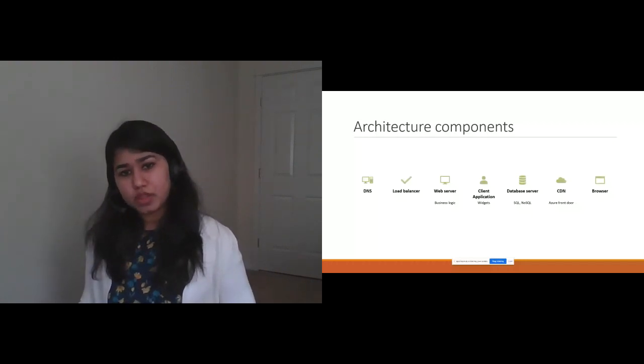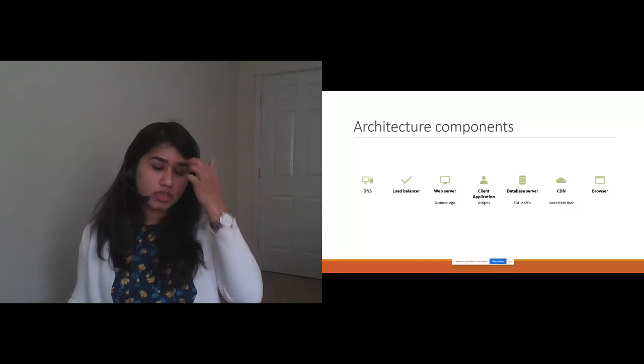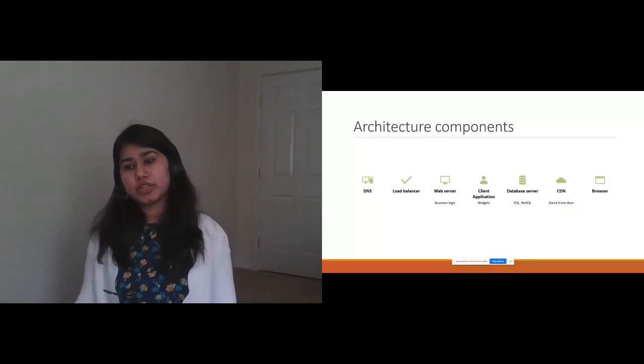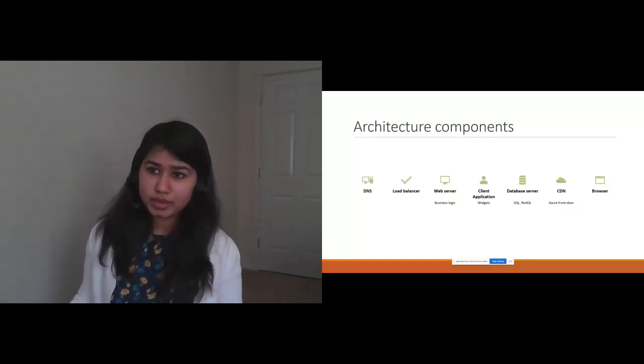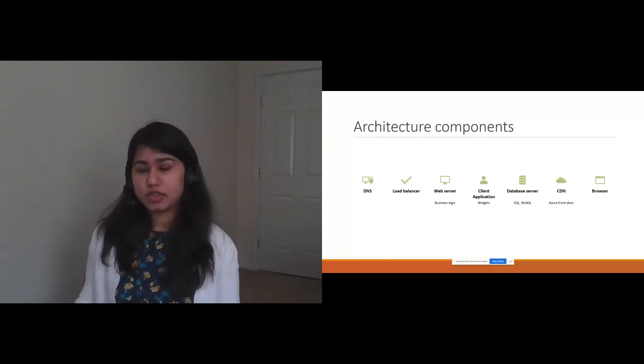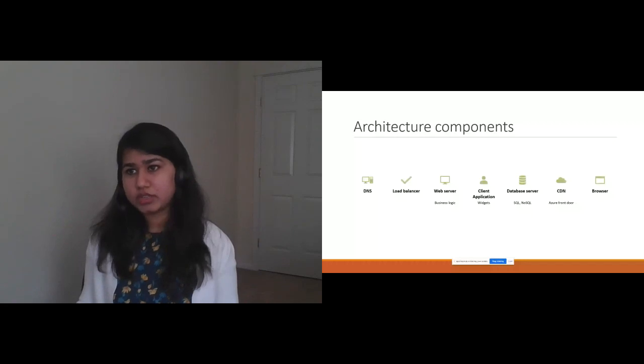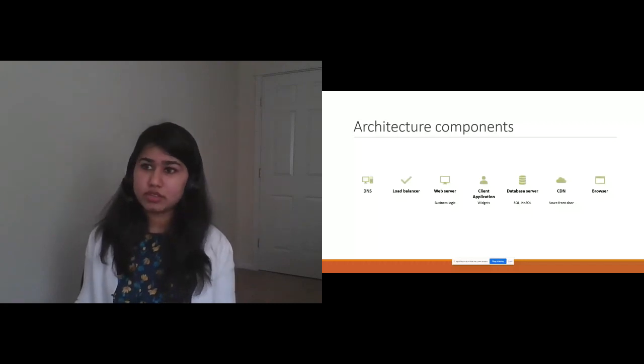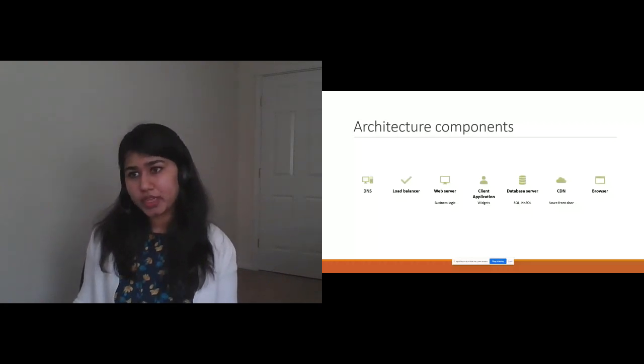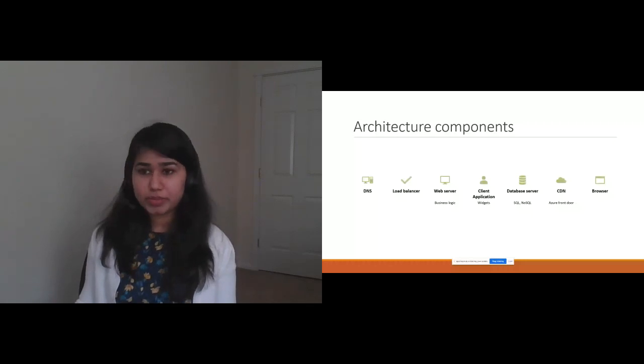So over here, what you see is an example of modern architecture and how it all goes along. And like I mentioned, DNS is what comes first, and when the user accesses a website, then if there is a load balancer, it gets routed to the load balancer, and from there to the web app servers, and to the database servers.